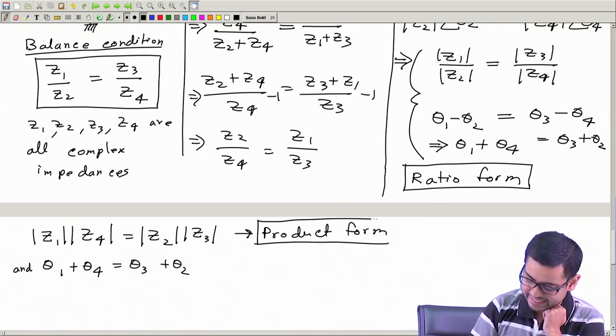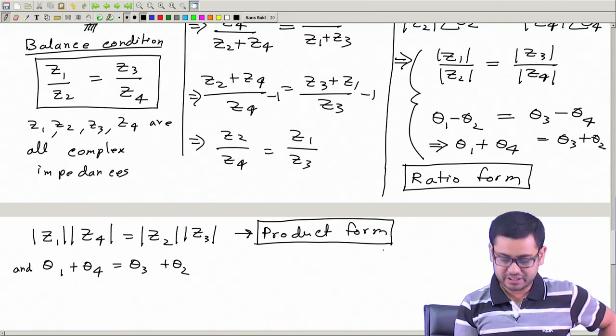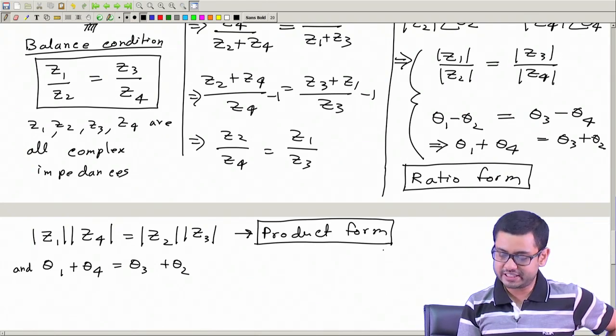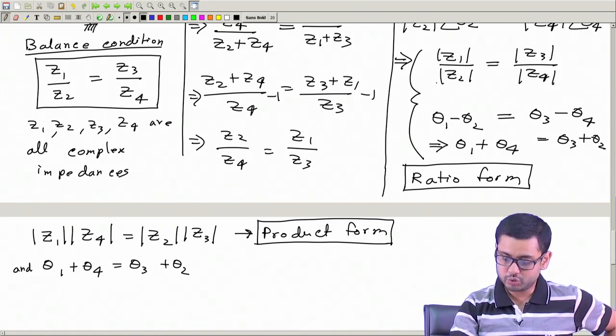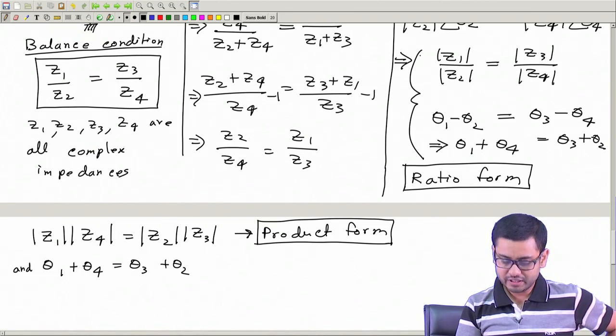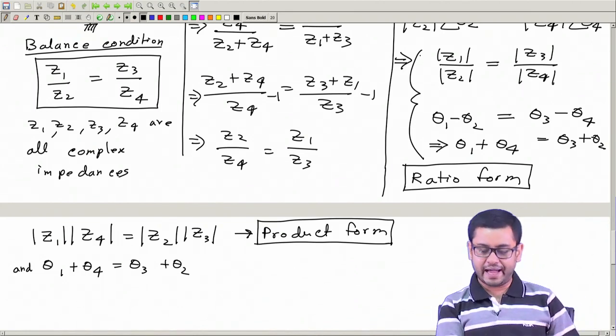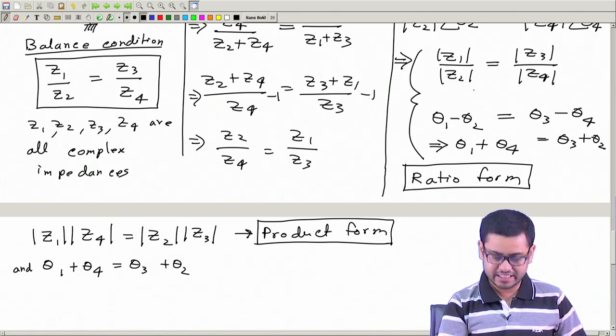Same equation we are writing in two different forms. Why? Because as we progress we will see sometimes it is easy to write things in this form, and sometimes it will be easy to write equations in this form. Okay. So, just a small note that the same condition can be written in either form.